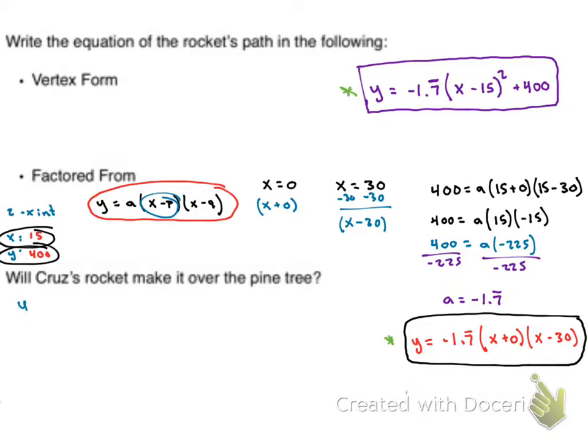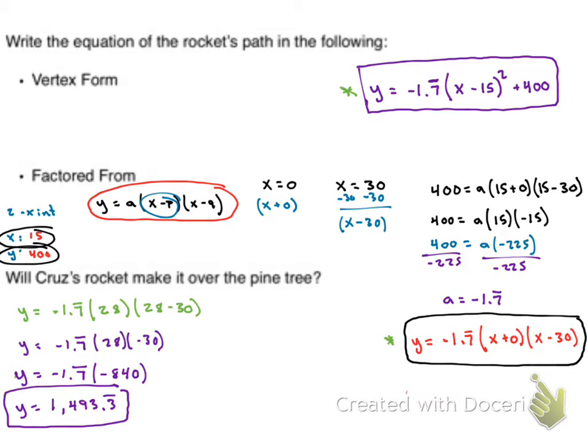Okay, we had negative 1.7 repeating times 28 times negative 2. Oh, I may have put the wrong number. Let's see what the mistake was. I left this negative 30.